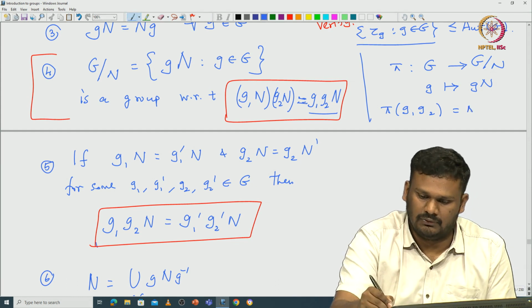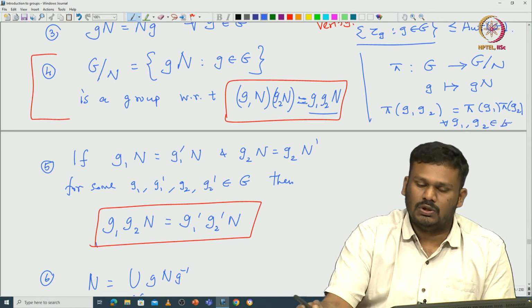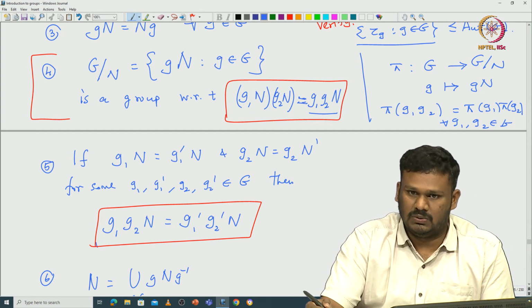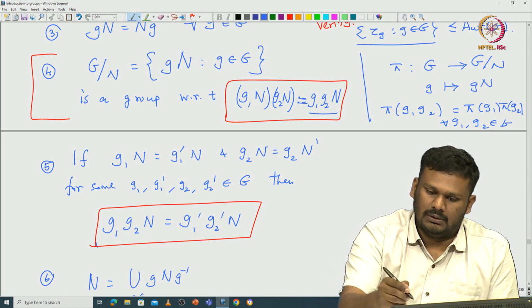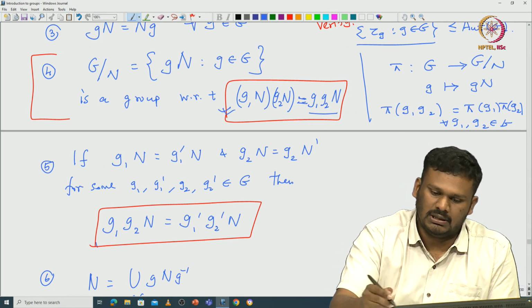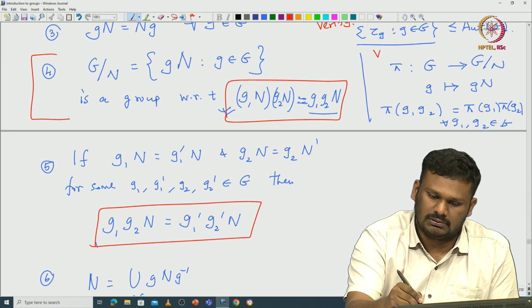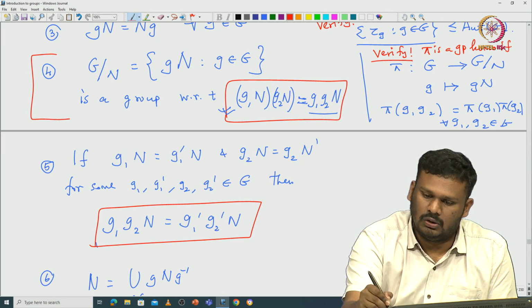So that is the definition of group homomorphism. So it is a map from G to G modulo N such that for any given g1, g2 from capital G, we have pi of g1g2 equal to pi of g1 times pi of g2. So in particular one can verify that once this G modulo N is a group with respect to this multiplication, then this is indeed a group homomorphism. Okay, so pi is a group homomorphism if G modulo N is a group.